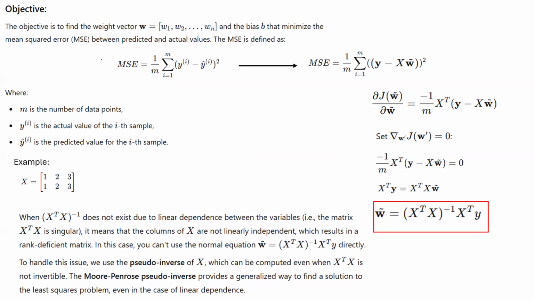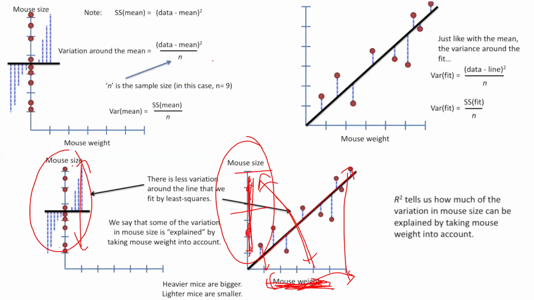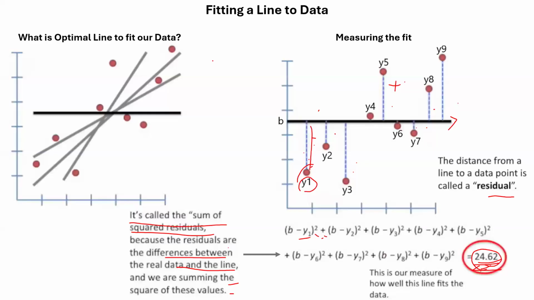So the objective of linear regression is to make sure the sum of squared residuals is small. For a given weight vector, the weight vector is the one that decides the direction of the line. What decides the rotation of this line and the intercept of this line? The weight vector.